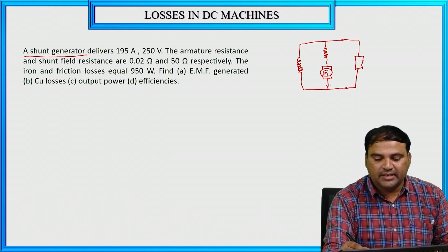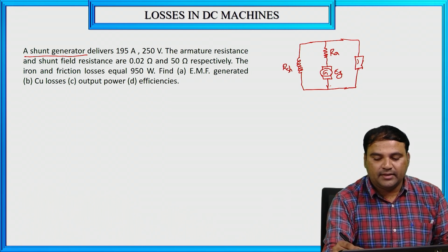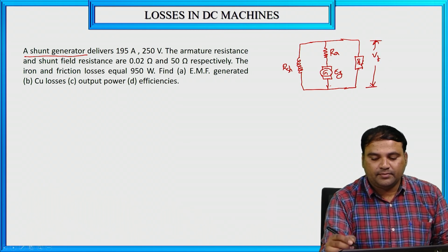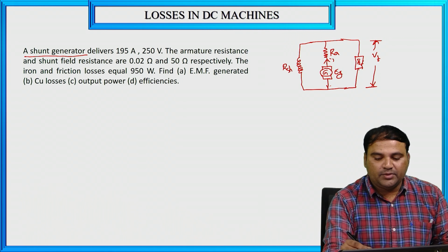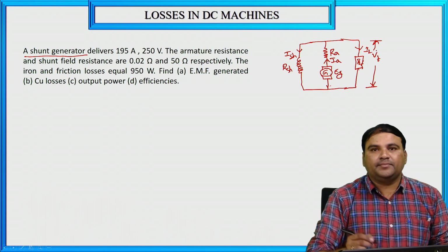This is the generator having the generated voltage, armature resistance, shunt field resistance and load. At the load we are having the terminal voltage Vt, and current through RA is IA, current through RSH is ISH, current through RL is IL.